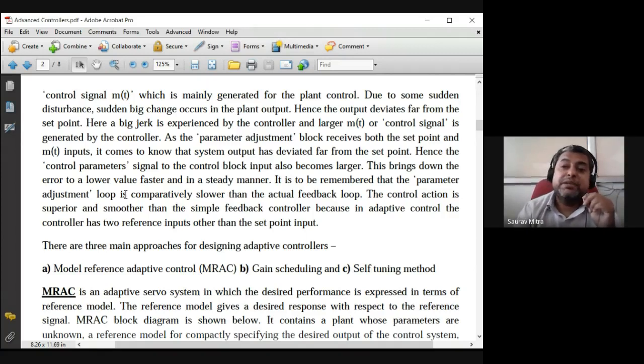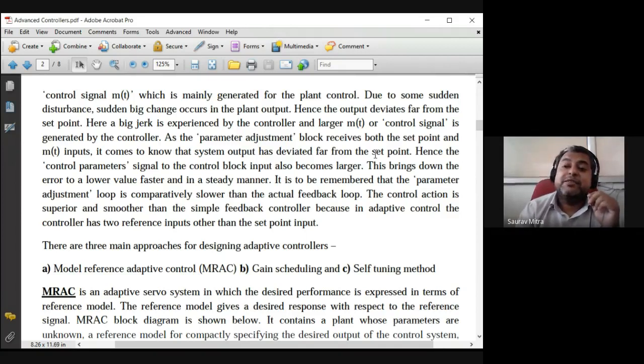As MT goes to the parameter adjustment block, and the set point is continuously connected to it, the block receives both inputs. It comes to know that the system output has deviated far from the set point. Hence, the control parameter signal to the control block input becomes larger.